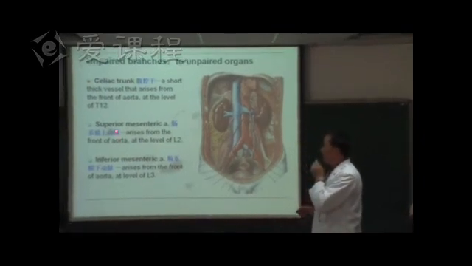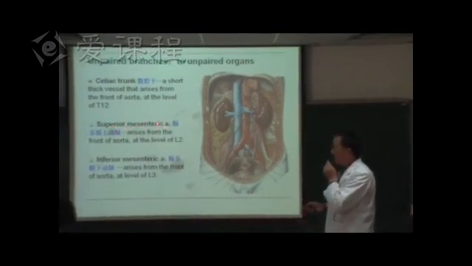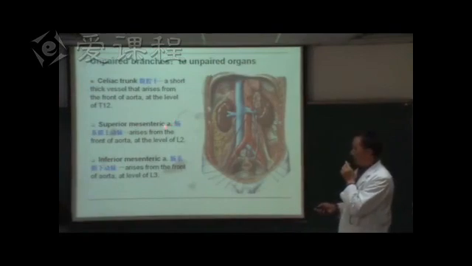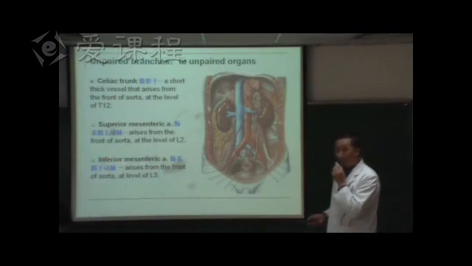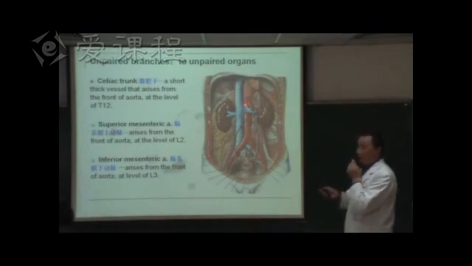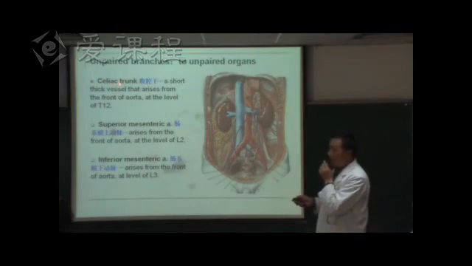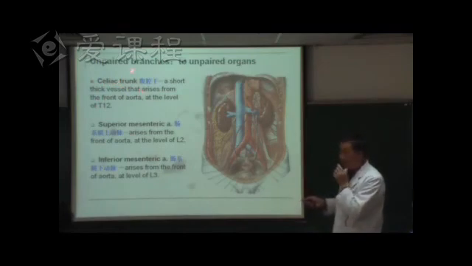The second one is the superior mesenteric artery. And the third one is the inferior mesenteric artery. Where are they? This one is the celiac trunk or celiac artery.